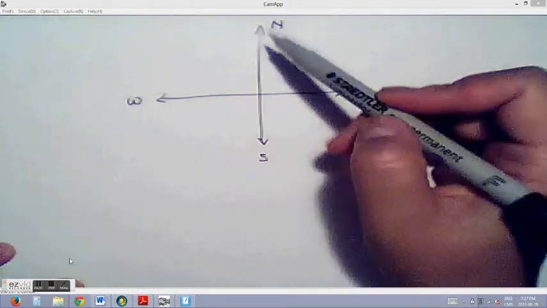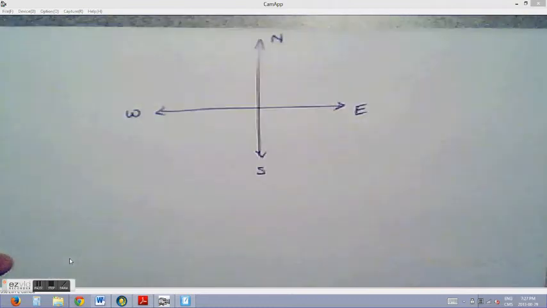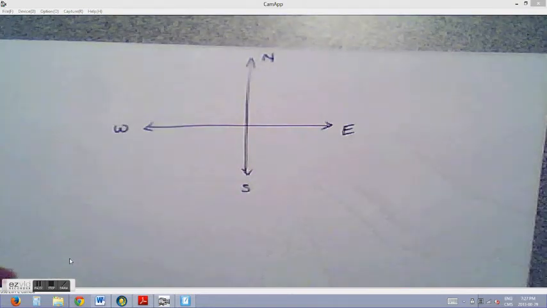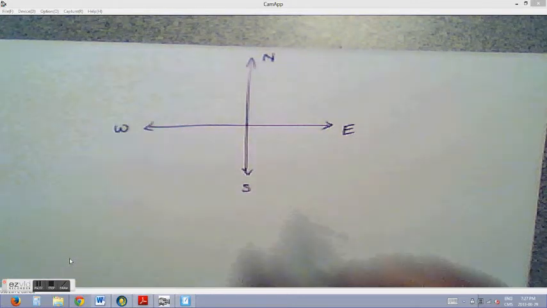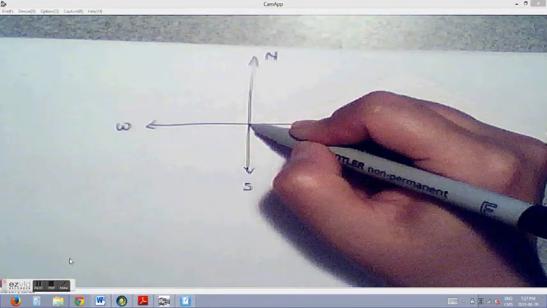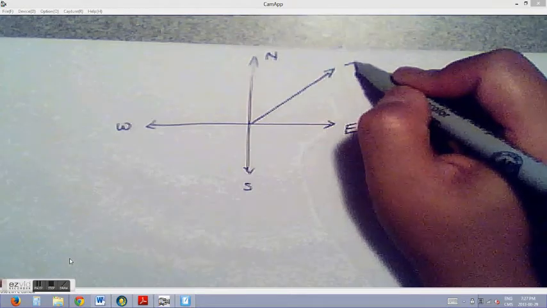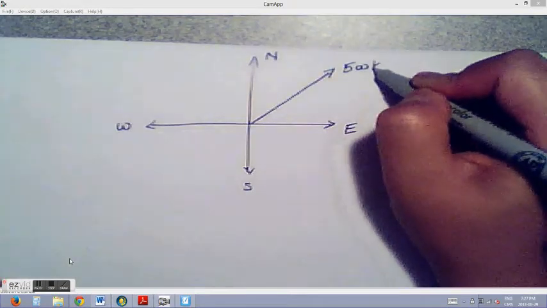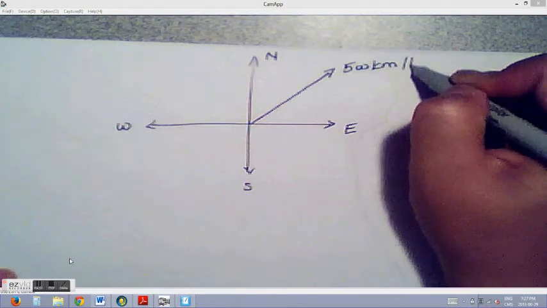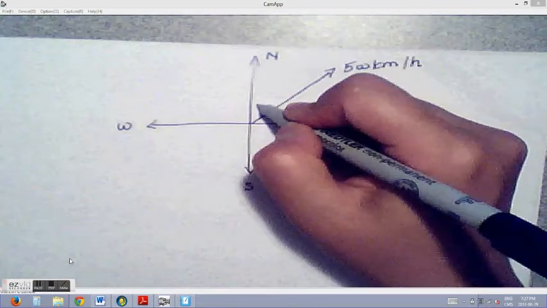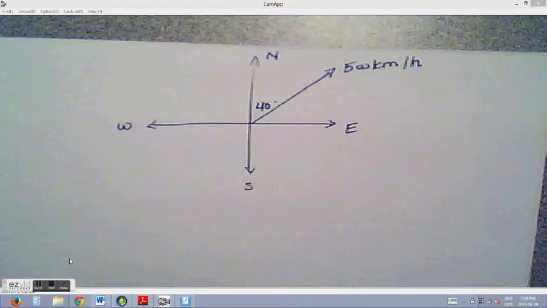That's a true bearing, so we're going to take that bearing from north. We'll say that's roughly 40 degrees, right there, and that is 500 kilometers per hour.